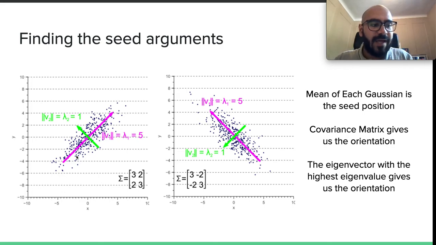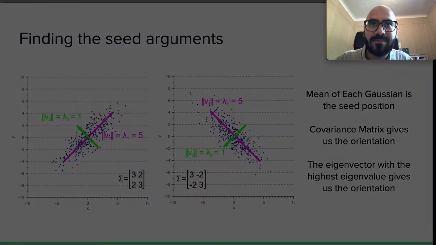After that, the position of the seed can be extracted just by the mean of this Gaussian distribution, and the orientation can be extracted from the covariance matrix by finding the eigenvector with the highest eigenvalue, because it shows the direction of the Gaussian distribution, and it's actually the direction of the seed in the tissue.